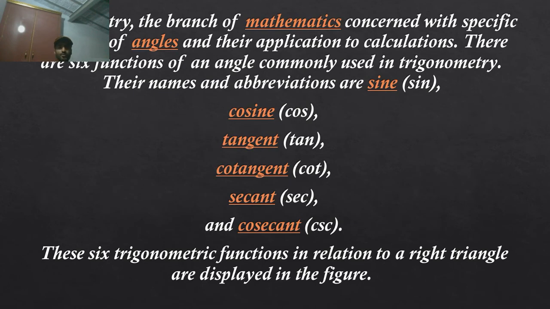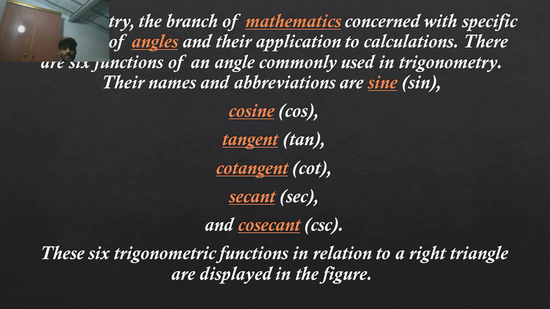Trigonometry is the branch of mathematics concerned with specific functions of angles and their application to calculation. There are 6 functions of an angle commonly used in trigonometry.